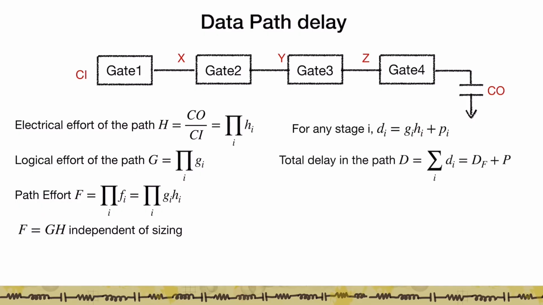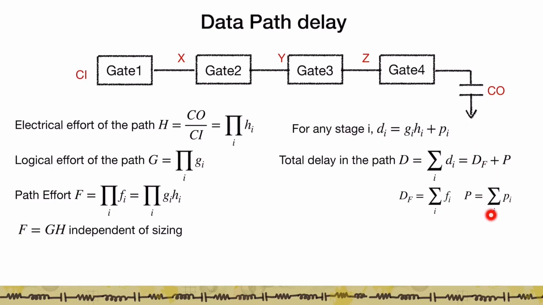Now, if you look at the delay for any stage i, the normalized delay is given by Gi Hi plus Pi. Pi is the parasitic delay, Gi is the logical effort, and Hi is the electrical effort of that stage. And so the total delay in the path, which is denoted by capital D, is given by the sum of the individual delays of the gates, and hence it's going to be given by two parts.